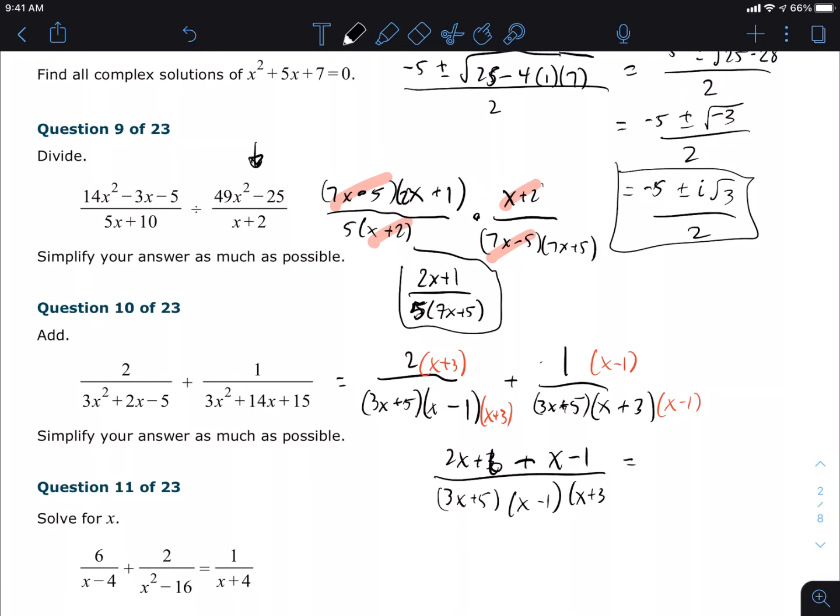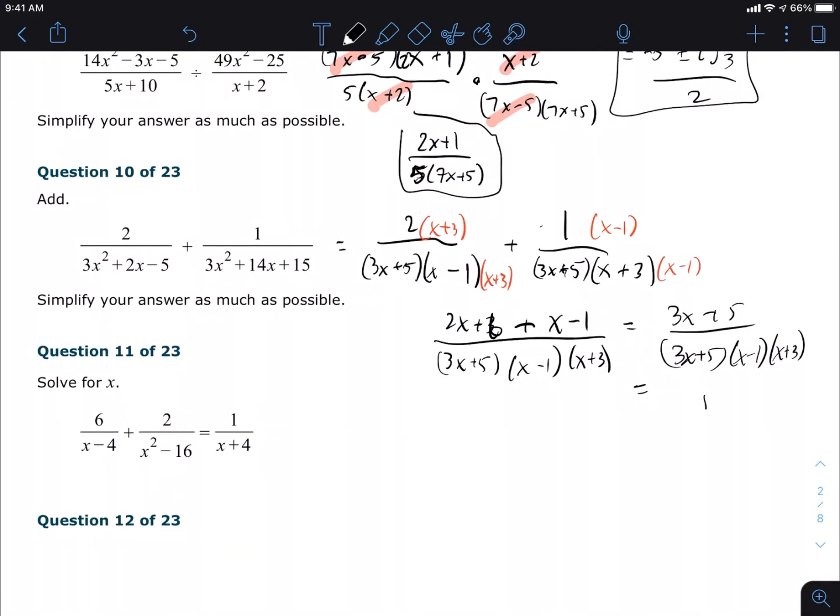And then that's going to give me 3x plus 5 over (3x plus 5)(x minus 1)(x plus 3), which will then clean up to be 1 over (x minus 1)(x plus 3). And that's my solution. Noticing that the numerator and the denominator have something else that will end up canceling.